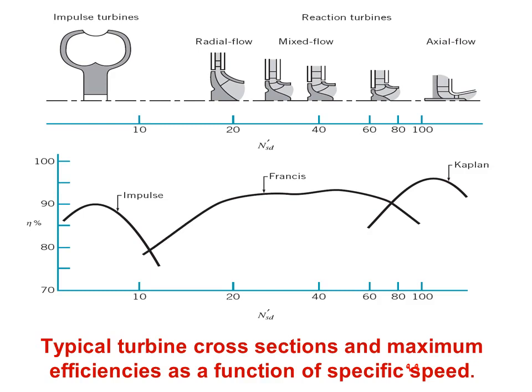And we are going to the Francis turbine. Francis turbine has maximum efficiency for specific speed from about 20 to 60. And then to the Kaplan turbine. We have here different shapes, which at 20 you can find the flow radial, and at 80 you can find it is mixed flow.